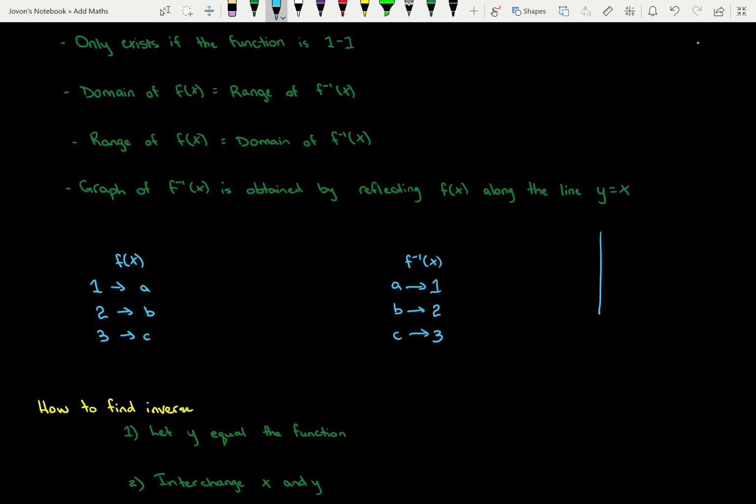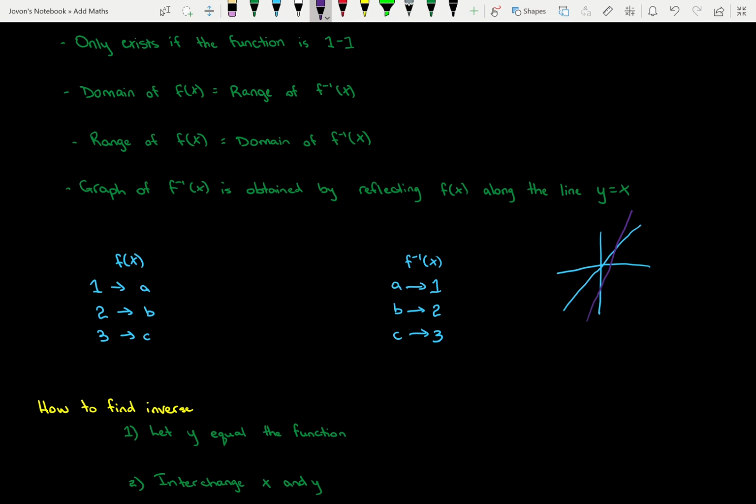So for example, let's say we have a function. This is the line y is equal to x. It passes through the origin. Let's say I have a function there.